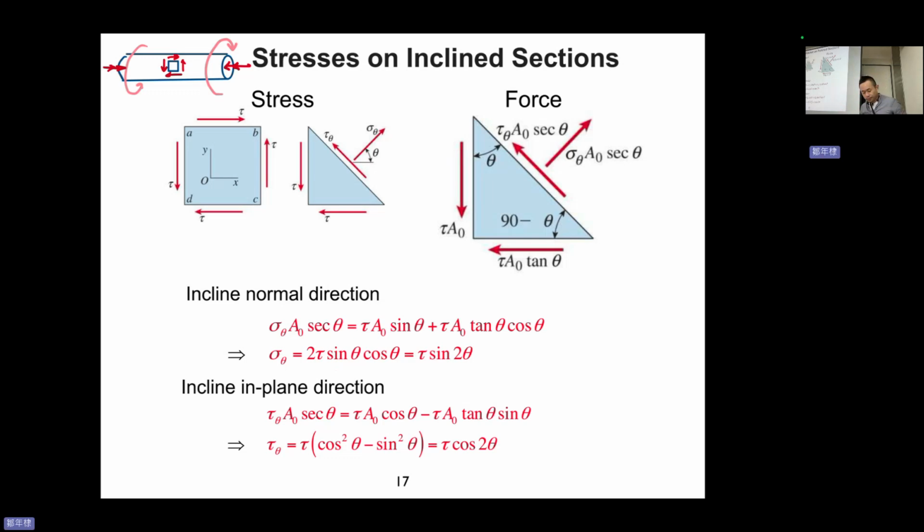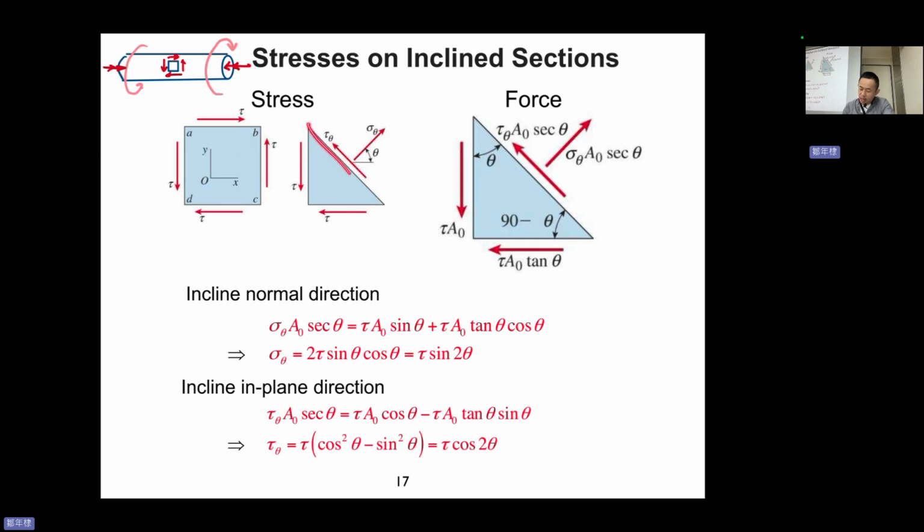result. Okay, right. So now you got tau here, and provided that you have a tau here, which is positive in X positive direction. All right. Then we are going to determine the component in an inclined section.